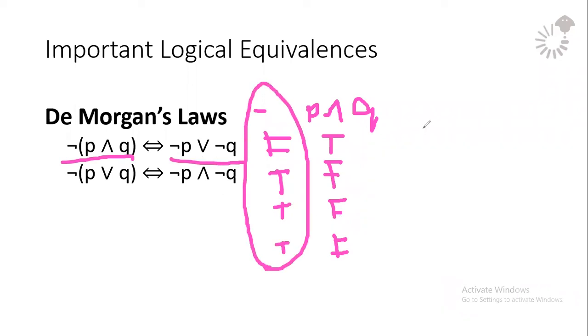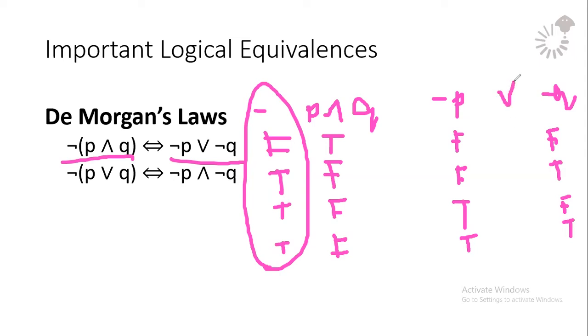For this one, negative P will be false, false, true, true, and then negative Q, this will be false, true, false, true.